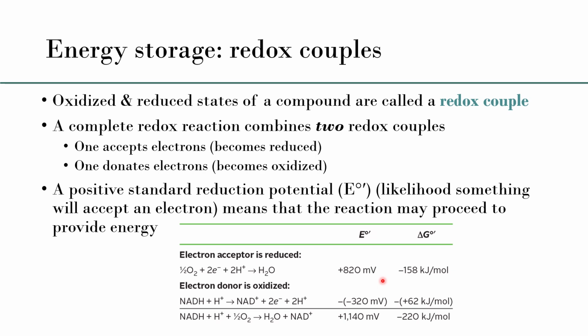This means it's very readily going to take those electrons. Whereas when we look at NADH, it has a very negative standard reduction potential, meaning it wants to give up those electrons rather than take them. So the whole point of this is we're proceeding from something that has a very negative standard reduction potential to a very positive standard reduction potential.